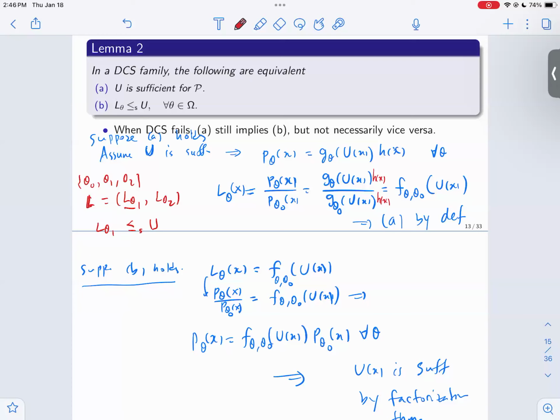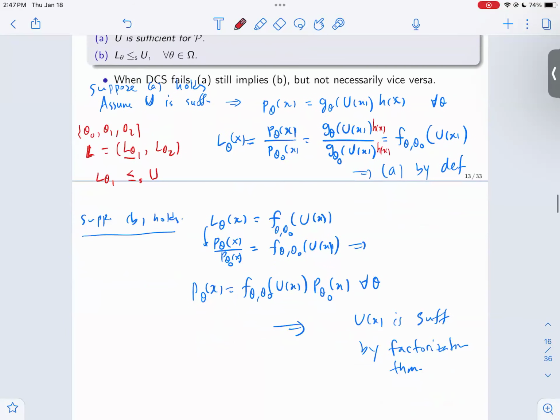In particular, I should be able to say that L theta 1 is a function of U, which is true, and then L theta 2 is a function of U. This is my U now. This has to hold for all theta, which may not be true. But if I can show this, then yes, that particular coordinate is. And in our proof, we use for all theta. That is where B implies A, you need the factorization theorem to hold for all theta.